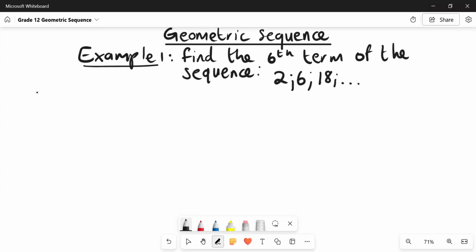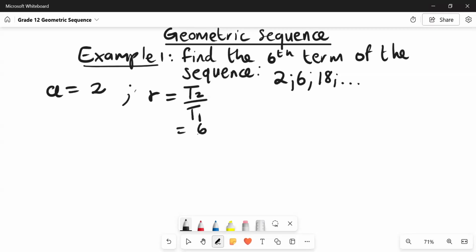The first thing you have to find is the first term. What is your first term? That's 2, right? Now get your common ratio, which is our R. So that's T2 divided by T1.